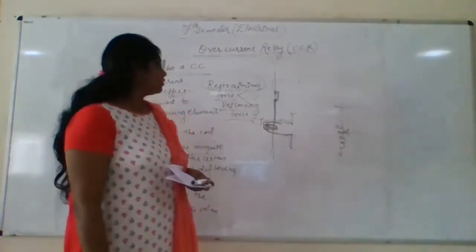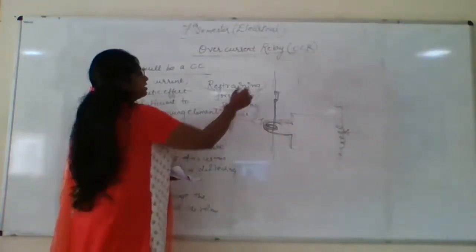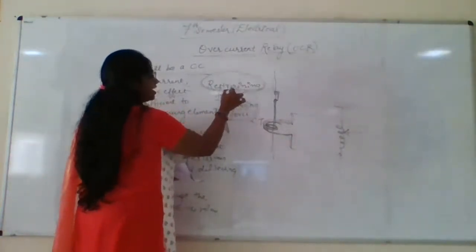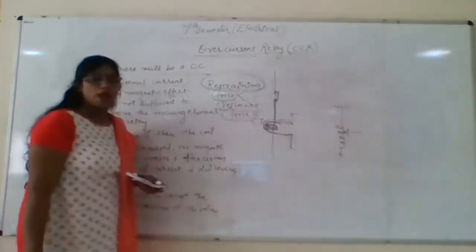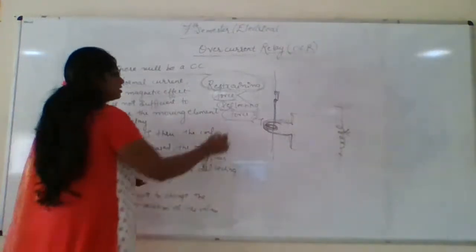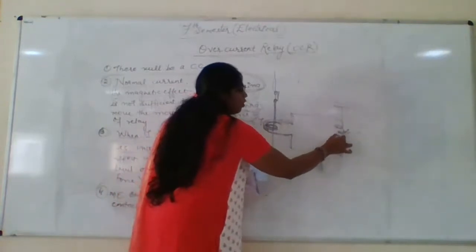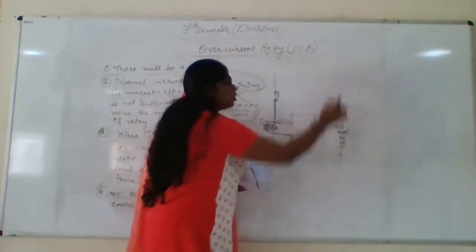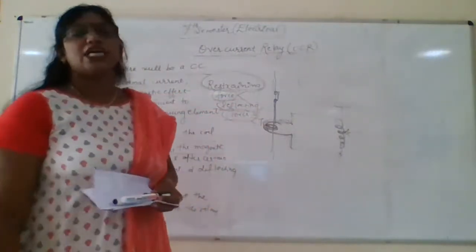Got this, children? Fine. So when current is increased, the restraining force will get down and the deflecting force will come into action. The deflecting force will tend the moving element of the relay system to break the contacts from the continuity line.